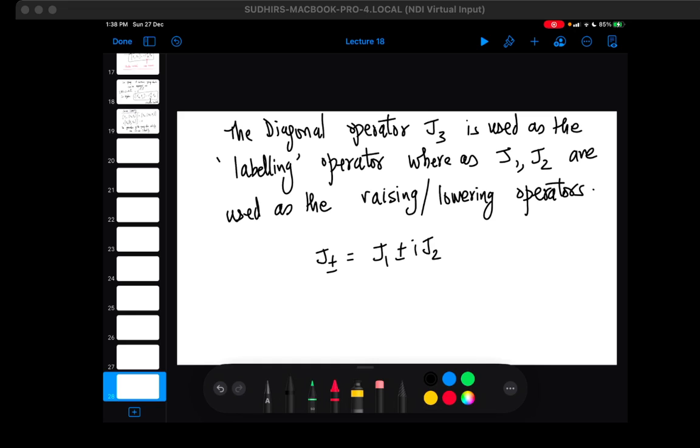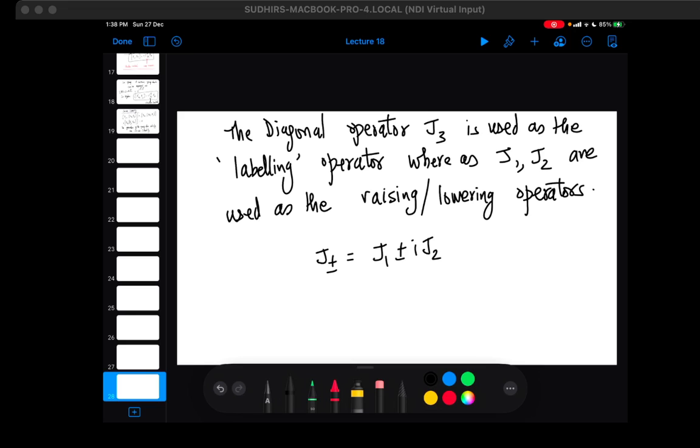Now we can define J square and re-express everything. What is important is to see how J plus minus act on J3.